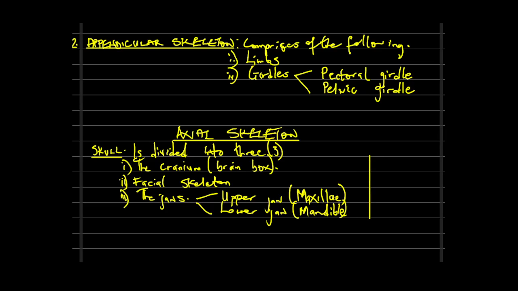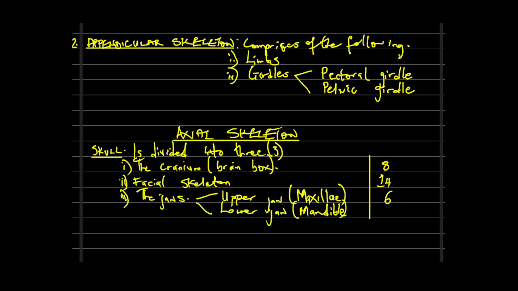Here we have about 8 cranial bones, and for the facial skeleton and jaws we have about 14 of them. And then we have some auditory bones, about 6. So in the skull alone, we have close to 30 bones. So that is that about the skull.